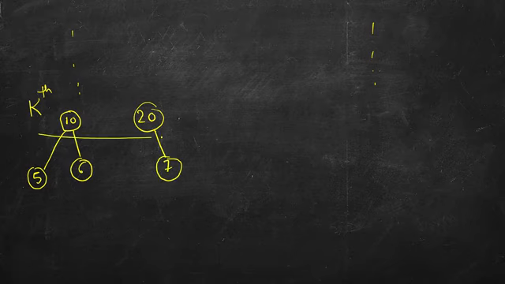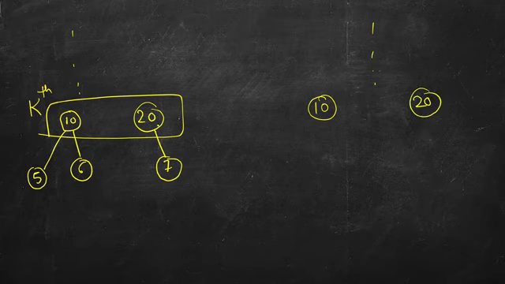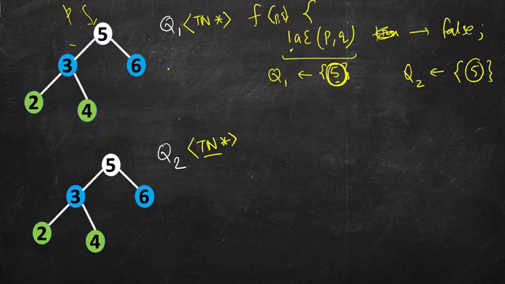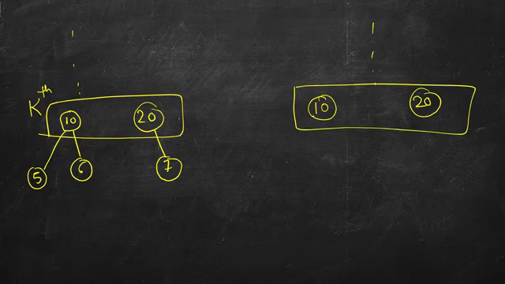This is at the kth level in the first tree, and in the second tree we have again 10, 20. If we compare at this level, you may be guessing that if we do simple BFS and compare level by level for equality, then we are good to go, but we are not good to go. Further modification is required in the BFS. Here both are the same at this level, the kth level.